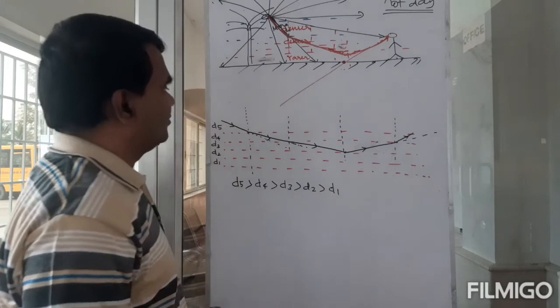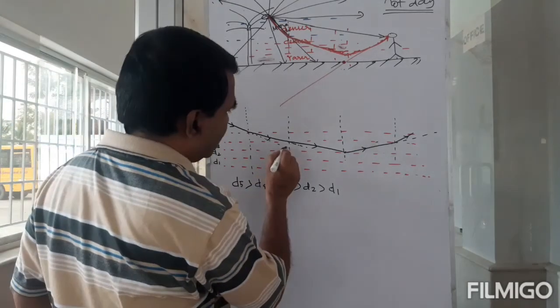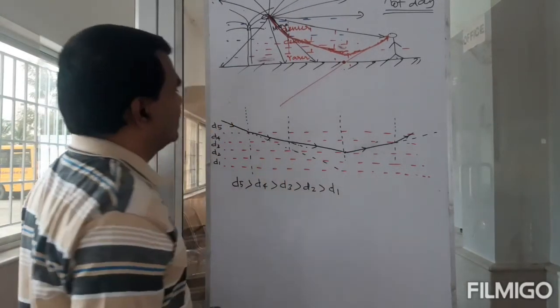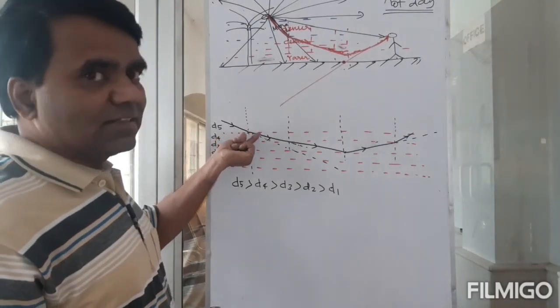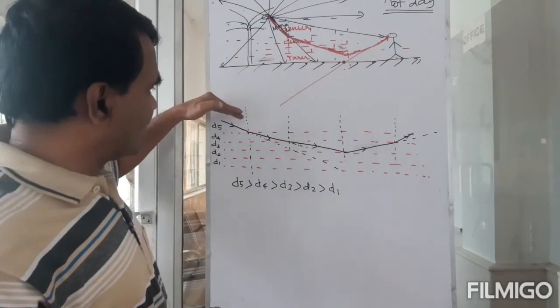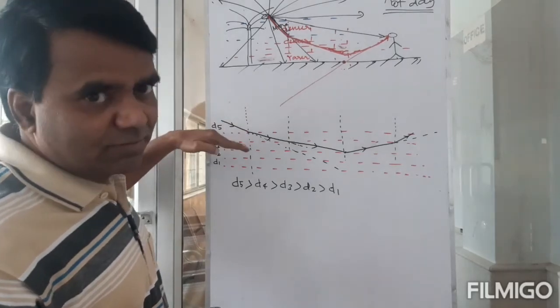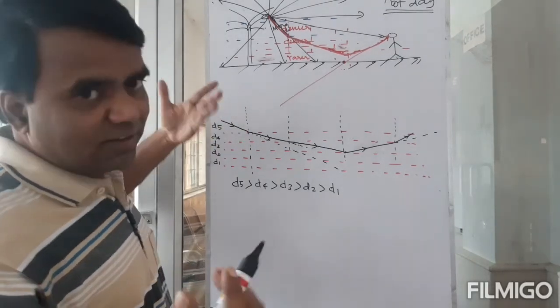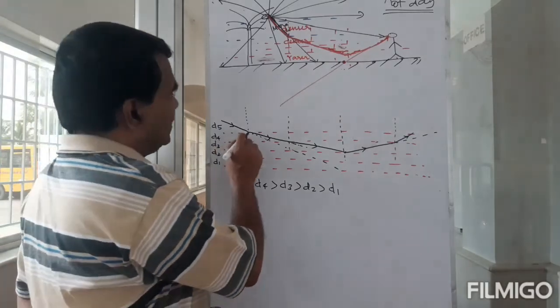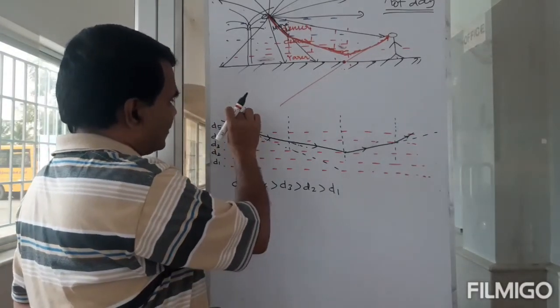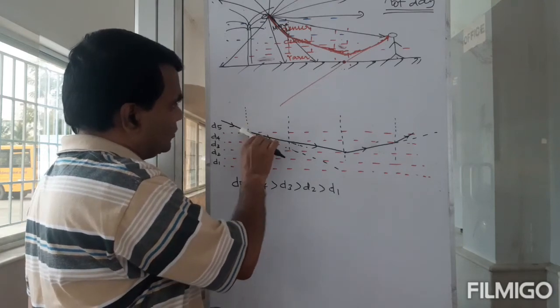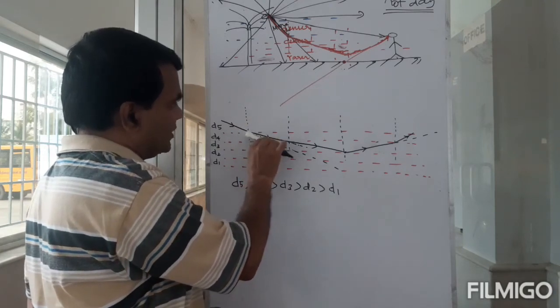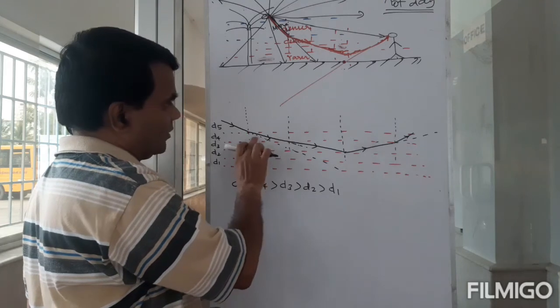But now you have D4, which is less dense. So it is like coming from glass to, say, water or air. When you come from a denser medium to a rarer medium, instead of going straight, it's going to bend away from the normal.